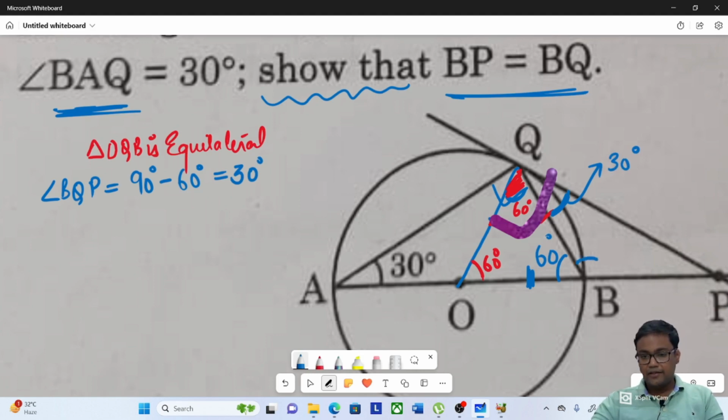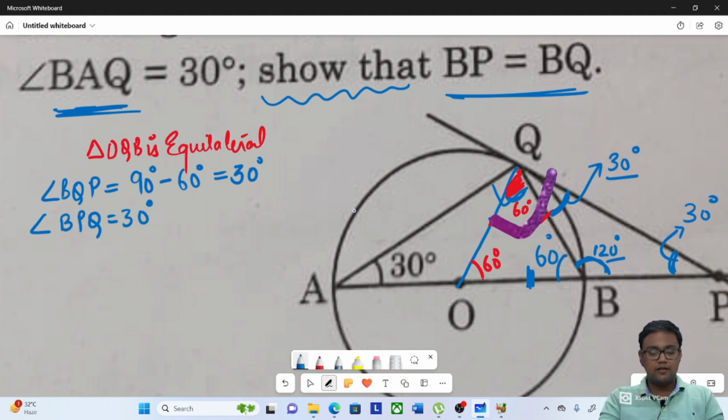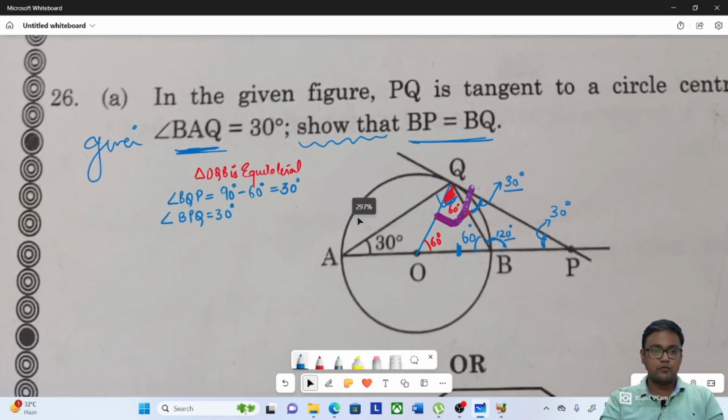And by linear pair, children, what is the measurement of this angle? This is 120. So if this is 120, this angle is bound to be a 30-degree angle. And by doing all the stuff which I have done here, angle BPQ comes out to be a 30-degree angle, and since BQP is equal to BPQ, that is what we were supposed to show.